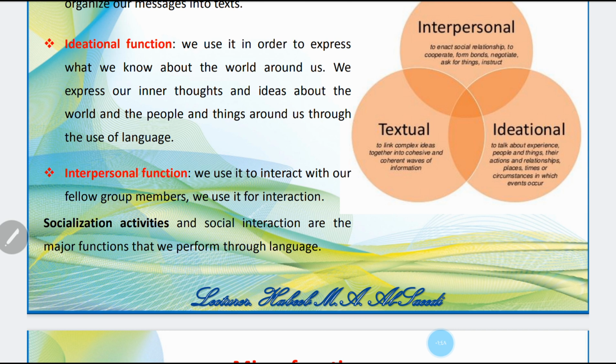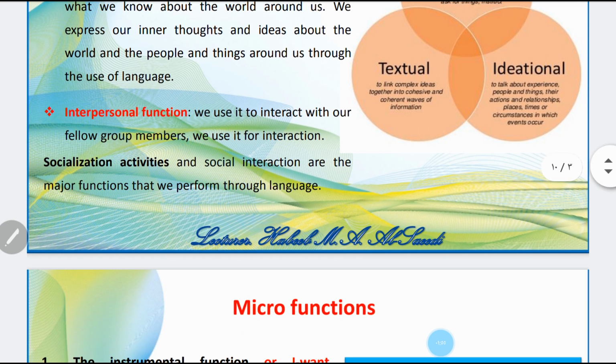So the ideational function, we use it when we talk about the world around us. The interpersonal function, we use in order to interact with our fellow group members. We use it for interaction when we want to interact with others.